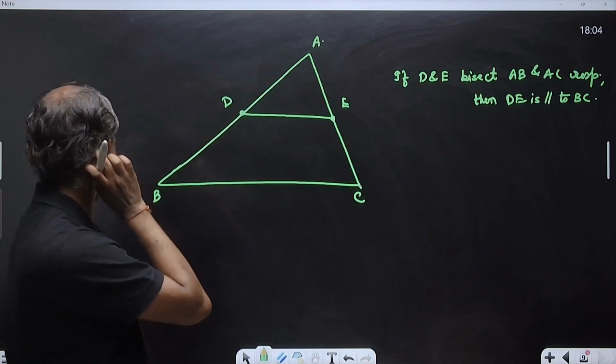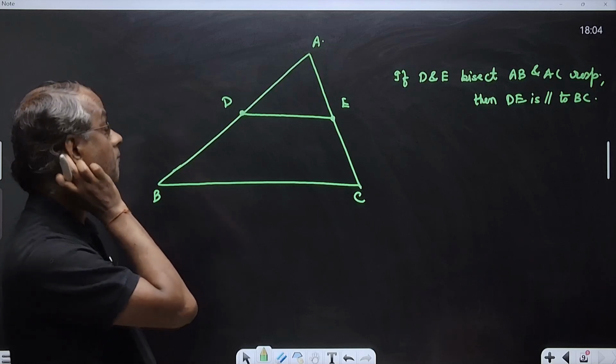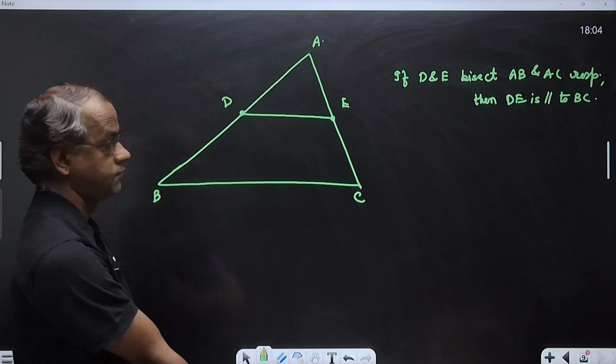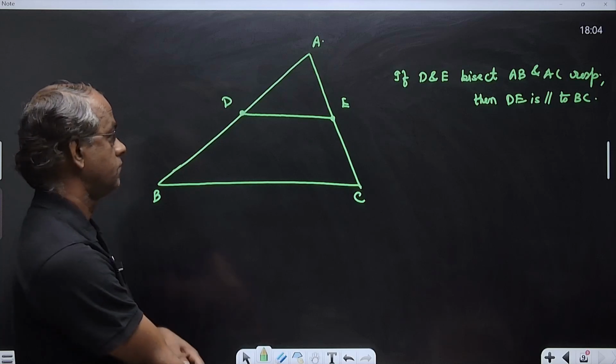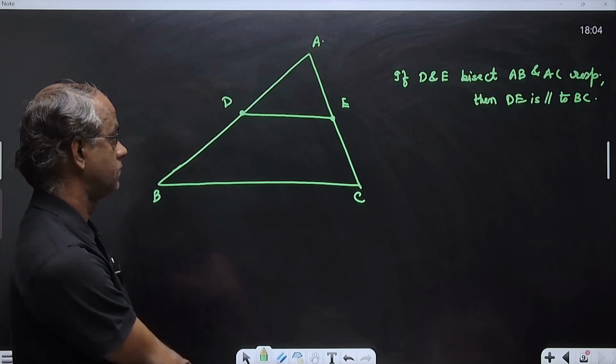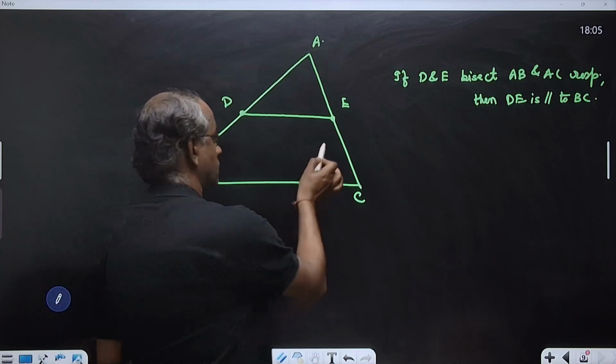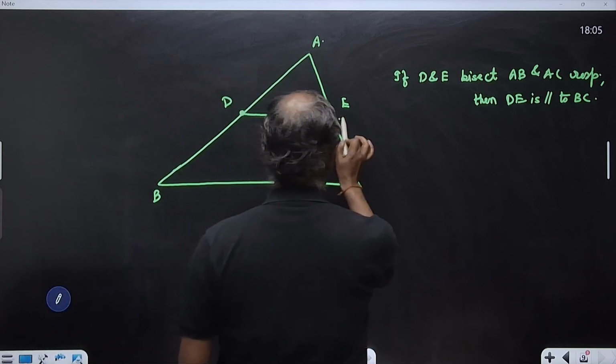For simplicity, let us say bisect. Midpoint or same ratio, suppose somebody says. So we simply extend it.